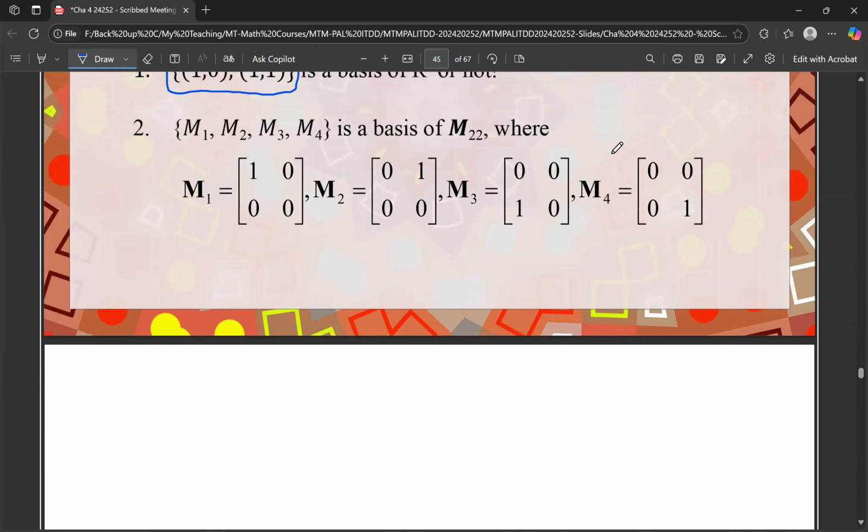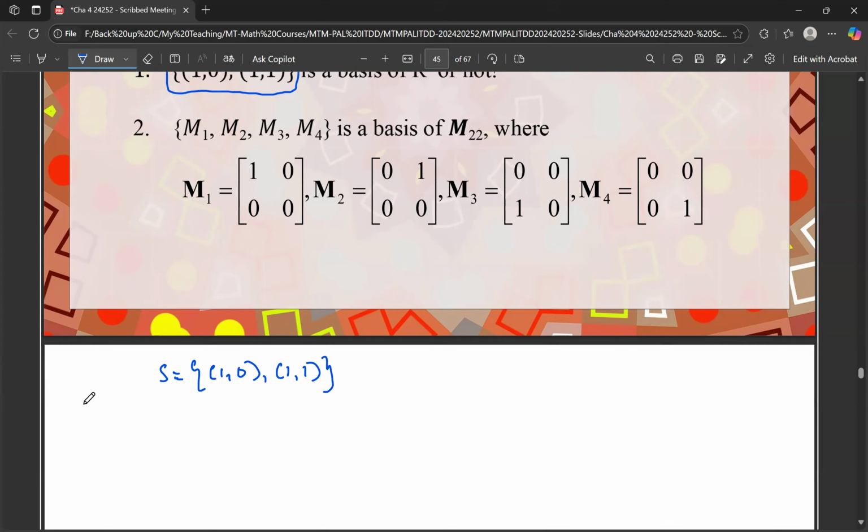Okay, how to do that? We must do two things. We identify S as the set of (1, 0) and (1, 1).